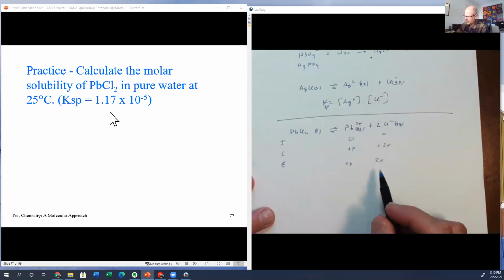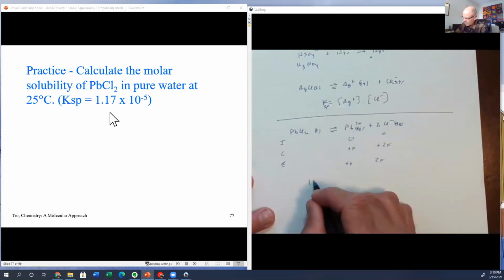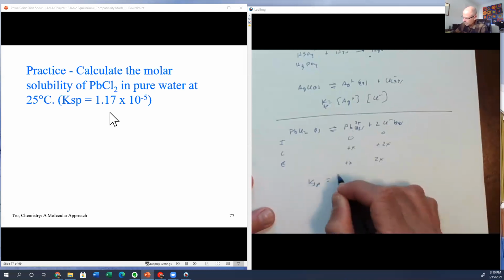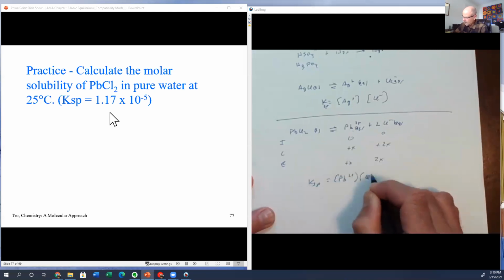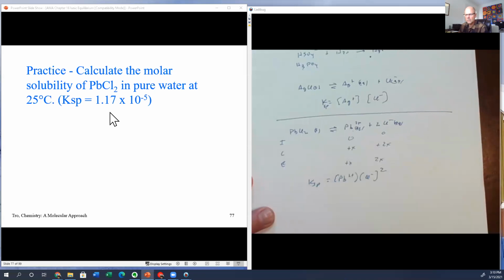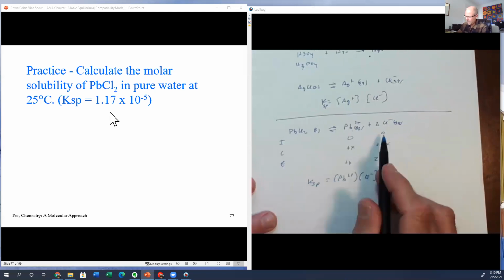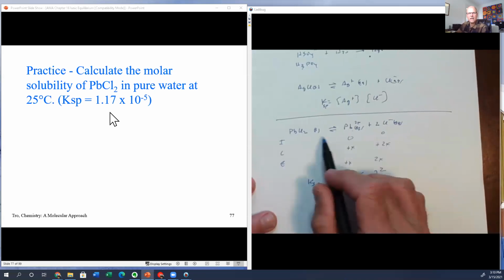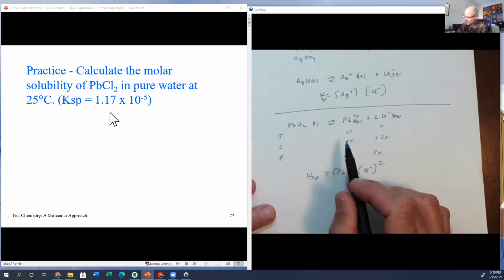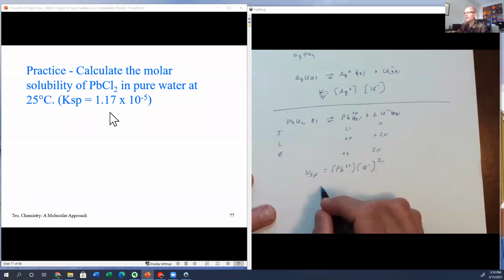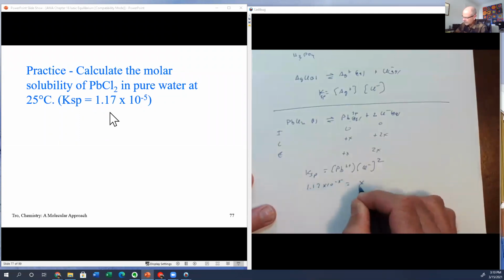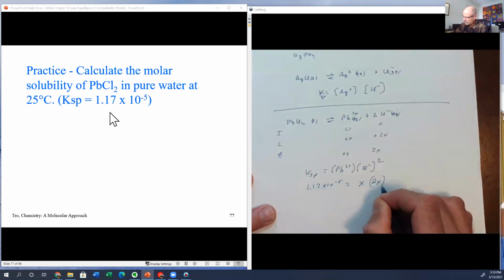Then we just substitute into the expression for KSP. KSP is equal to the concentration of lead 2+ times the concentration of Cl- squared. That's just the equilibrium expression for this reaction, nothing new there. So I plug that in and find KSP is 1.17 times 10 to the minus 5, equal to x times 2x, the quantity squared.